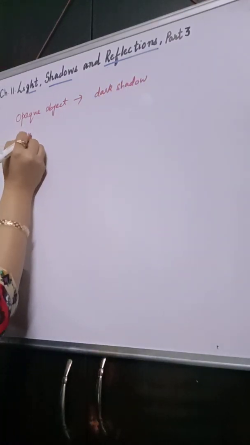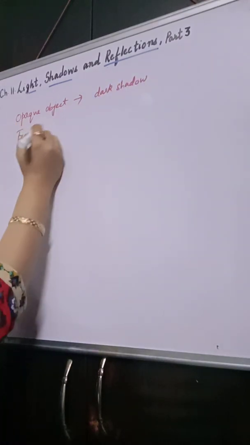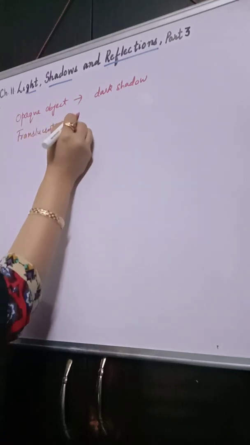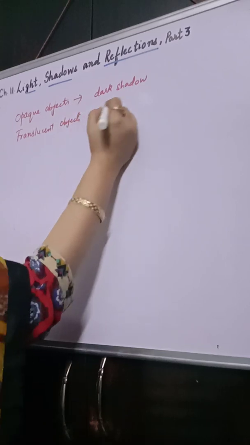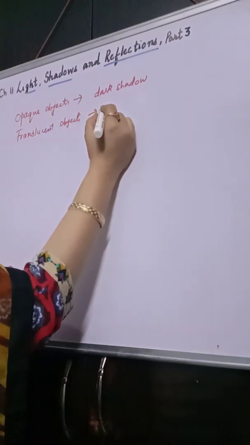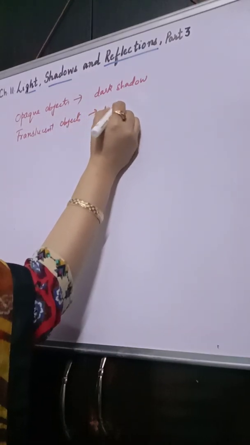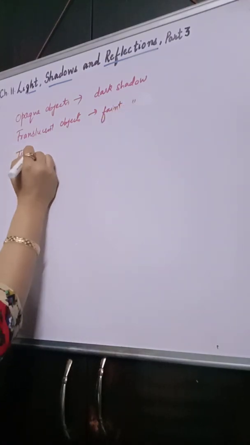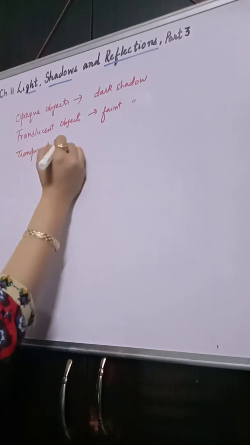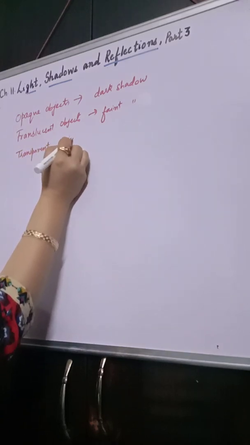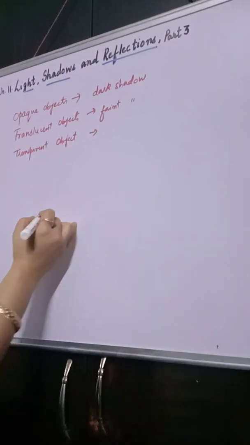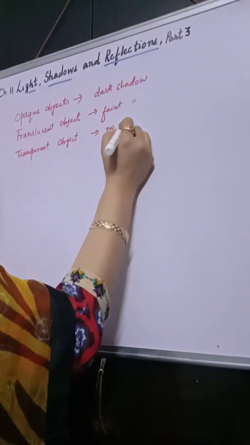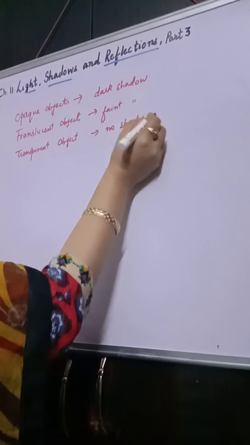Translucent objects cast faint shadow, and transparent objects, you can even try this, they don't cast any shadow. Okay, so no shadow, this is important to know.